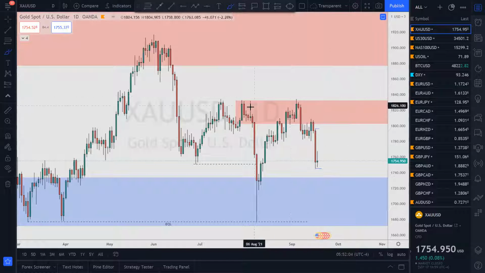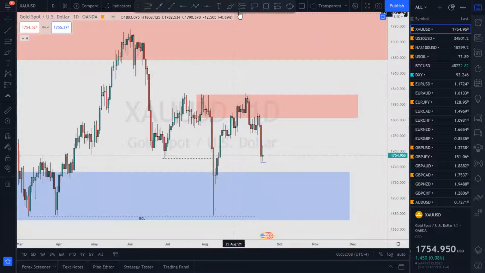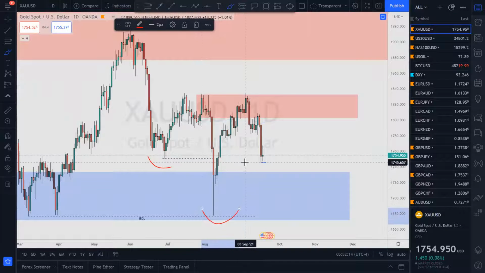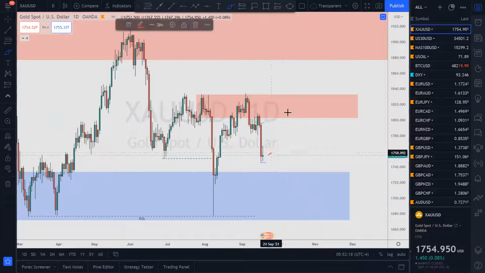Next, gold. Gold gave an inverted head and shoulder. At least it's forming it anyway, right? That's easy to see, so we can expect some bullishness.